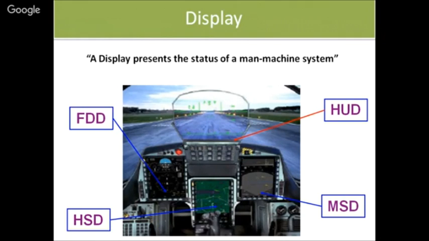It is not very important when you are driving in a city on a congested road, but it is very important when you are driving on a highway at 100-plus speeds. And in the case of aircraft, you are driving at subsonic, sonic or supersonic speeds, more than 1000 kilometers per hour. So in those situations, a head-up display is very useful, and especially in the case of fighters, where split-second decision making is sought, HUDs are further useful.